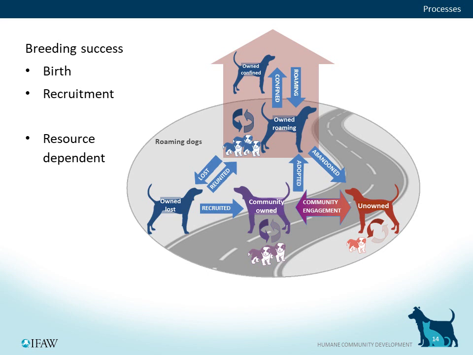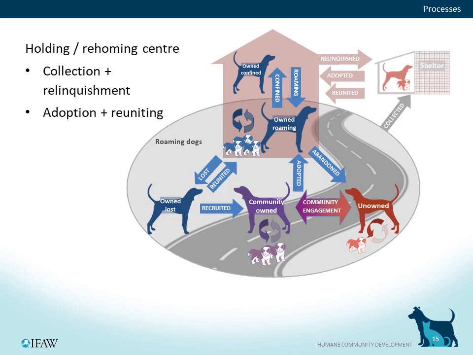So of the roaming dog states, the owned roaming are likely to be the most successful breeders, as they can benefit from shelter and resources provided by their owners. Community dogs may have some success dependent on the reliability of those resources provided by the community, with unowned dogs likely to be the least successful breeders as they have few reliable resources or options for shelter.